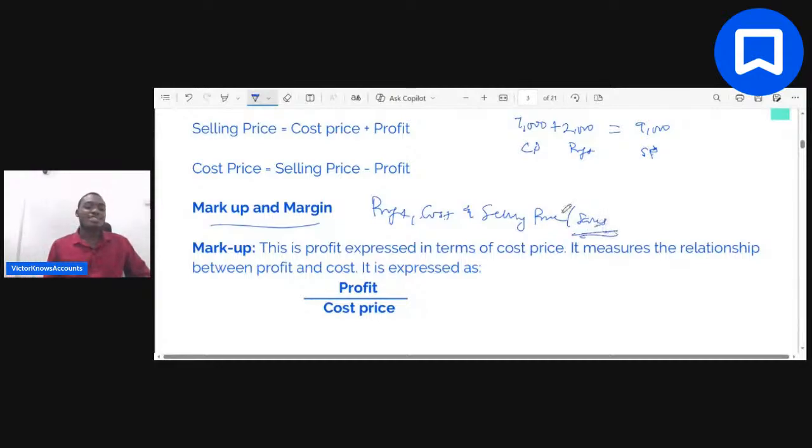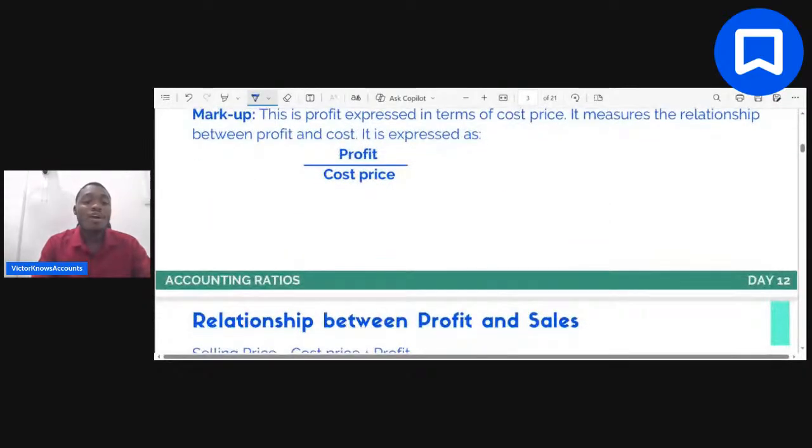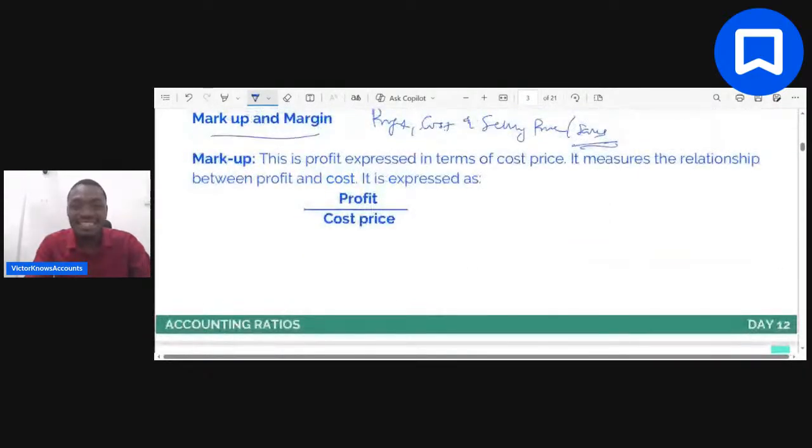Do you understand that? So markup and margin tell us how these three relate together: how profit relates with cost, and how it relates with selling price or sales. Now let's start with markup. Markup is profit expressed in terms of cost price. It measures the relationship between profit and cost. So you can say the cost price is 100 to 1.